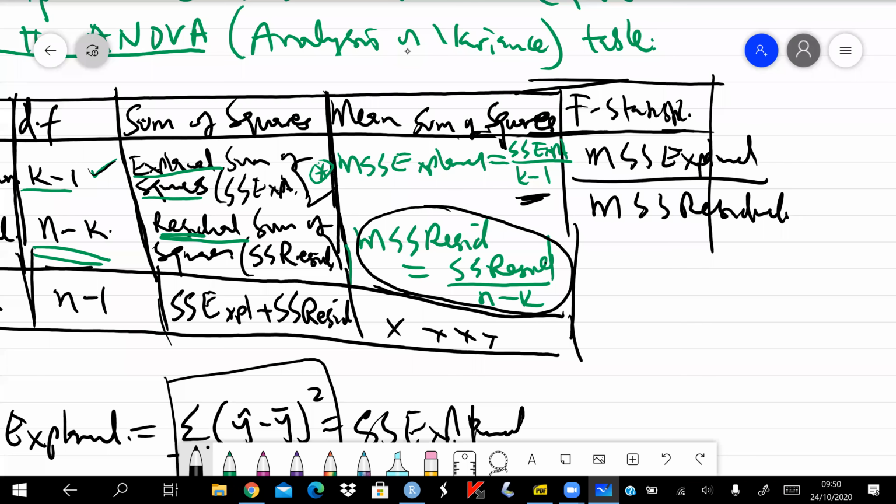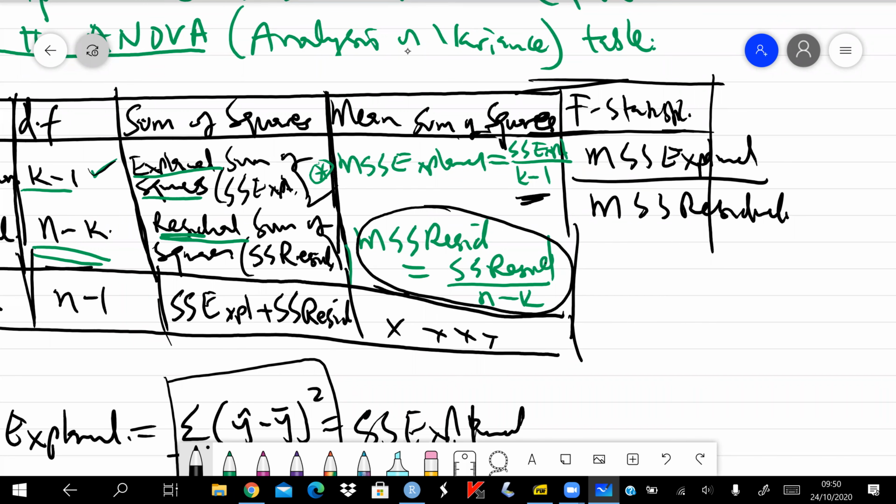If the mean sum of squares explained is equal to the mean sum of squares residual, then you will get a ratio equal to 1. In most cases, if the model is fitting well, the mean sum of squares explained is bigger than the mean sum of squares residual. So we expect the ratio to be greater than 1.